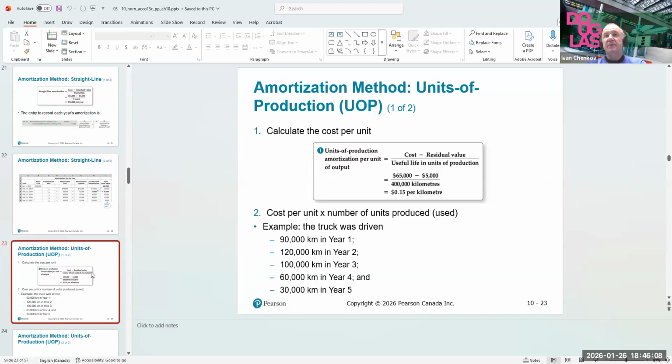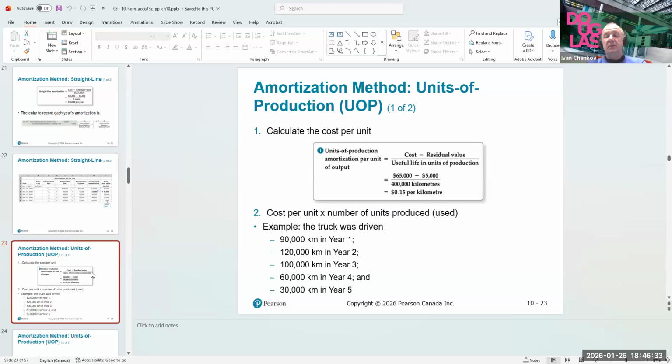In this case, we're using kilometers driven. So once we have the amortizable amount, we're going to divide it by the total kilometers that we're planning to drive the asset over the useful life of the asset. And we're going to get the amortization per single unit of usage.